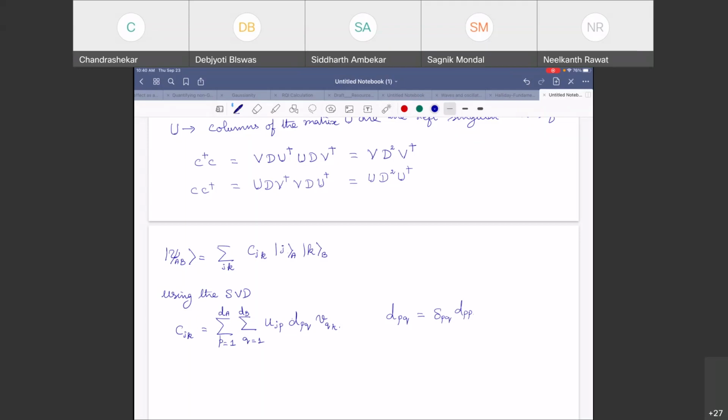So it exists only for P, Q lying between 0 and R, and otherwise it is 0. So mathematically we can write it as D_PQ for P, Q up to R, and 0 otherwise.